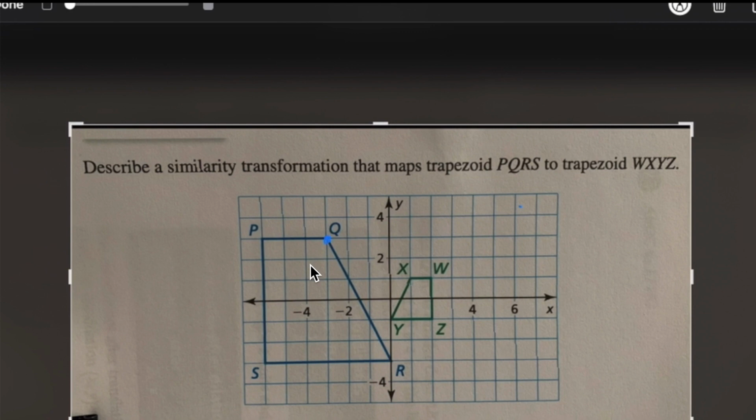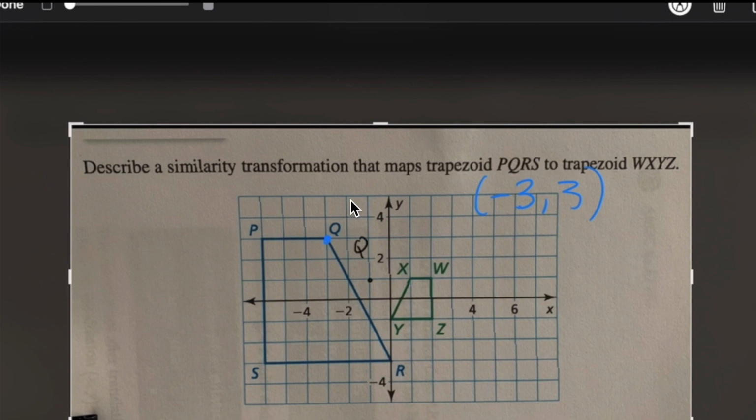So let's look at Q. Q starts out as -3, 3. So what I'm going to do is shrink them down by multiplying by 1/3. So that's going to give us -1, 1 for Q prime.